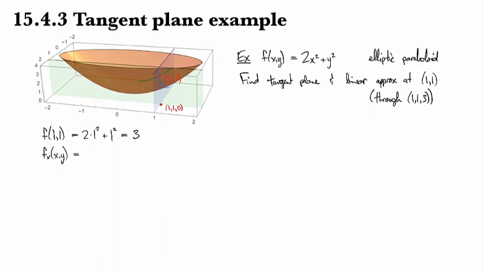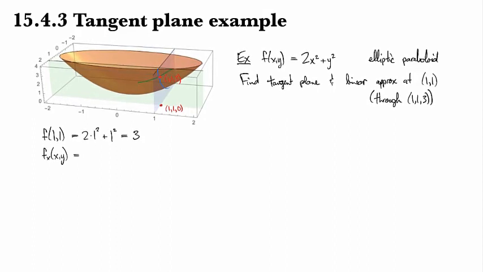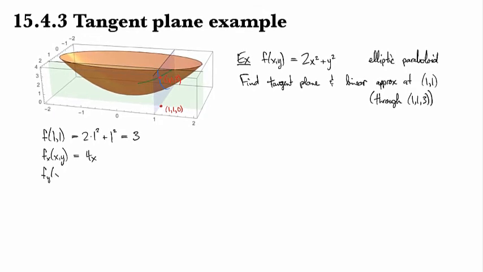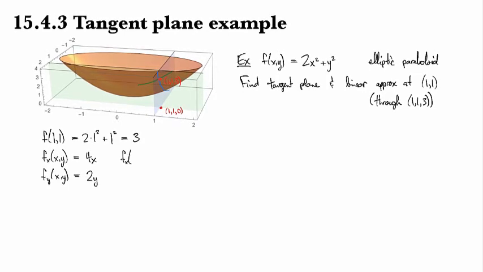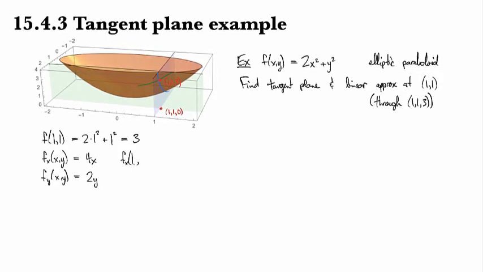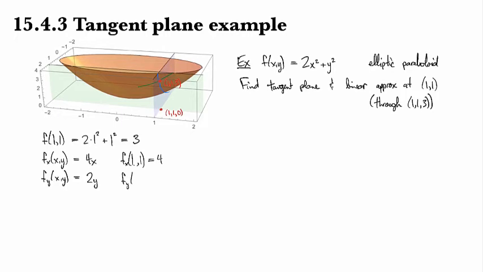So first we'll just compute the partial derivatives of f. d dx is going to give us 4x plus 0, and d dy is going to give us 2y. So the partial of f with respect to x when we evaluate at 1, 1 is just going to give us 4, and the partial with respect to y when we evaluate at 1, 1 is going to give us 2.